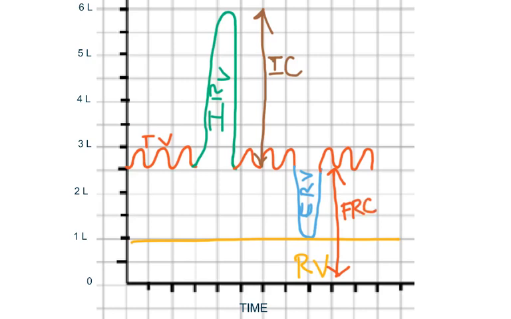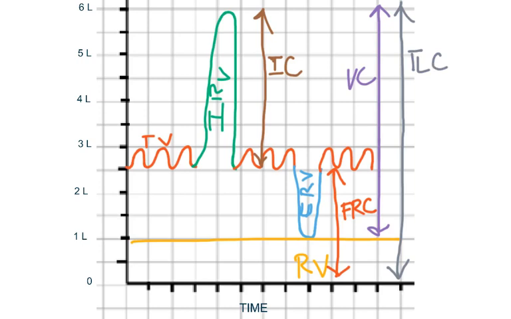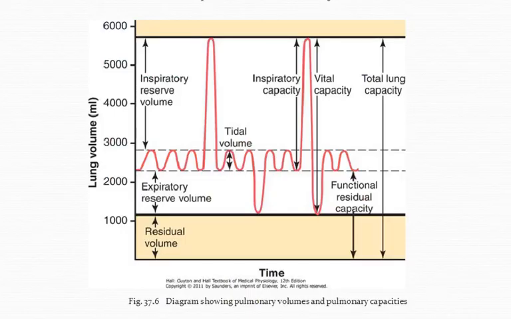Next is vital capacity, which we can get by adding inspiratory reserve volume, tidal volume and expiratory reserve volume. And finally, total lung capacity, which is the sum of all four. Understood? And this is the better version of the graph which you will come across in your textbooks, and I hope that you won't find it difficult to understand after this lecture.